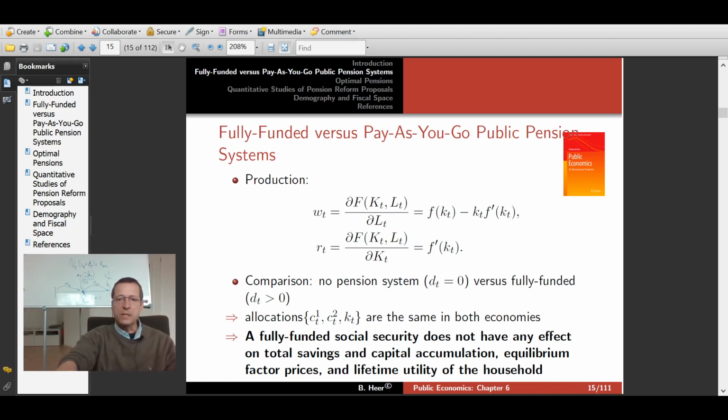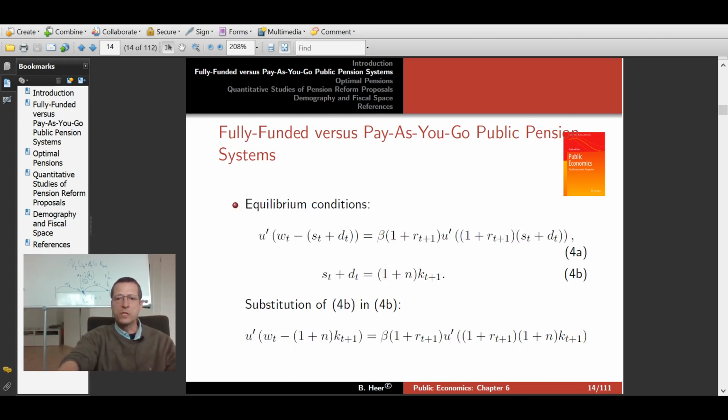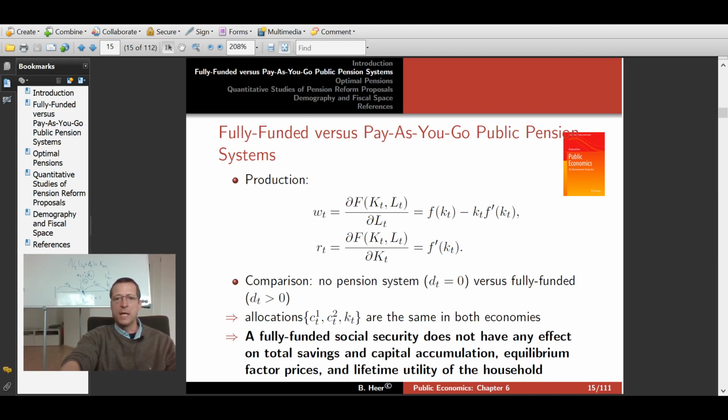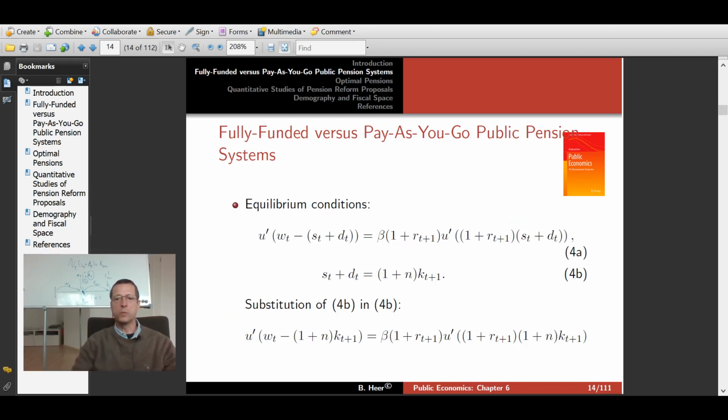And now look at the equilibrium conditions of our model. Our equilibrium condition is the Euler equation, the bottom equation on slide 14, and the two factor prices w_t and r_t. All these three equations are just equations of the capital stock.